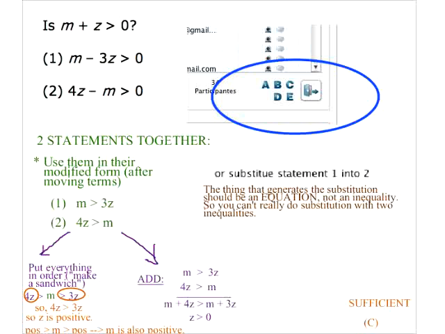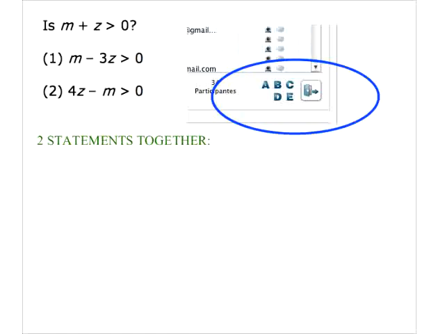So watch that. But another way you can do this with the two statements together is you can use the unmodified statements and just add them right off the top.